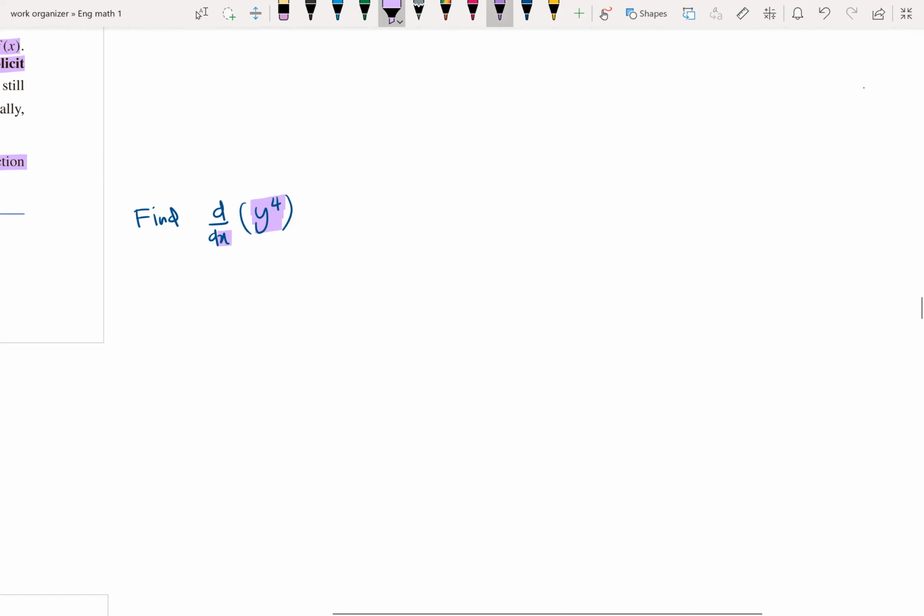So we have to use the implicit method, since they do not have the same variable.